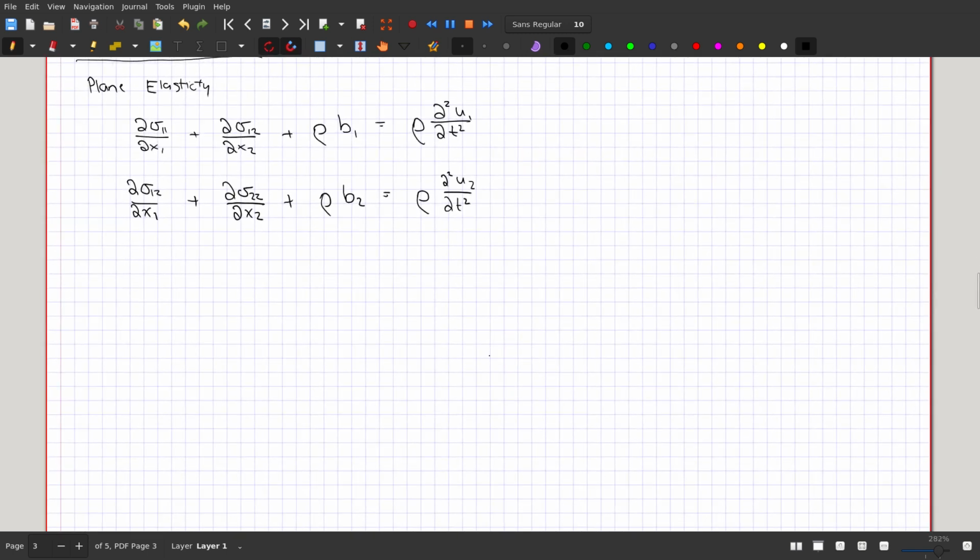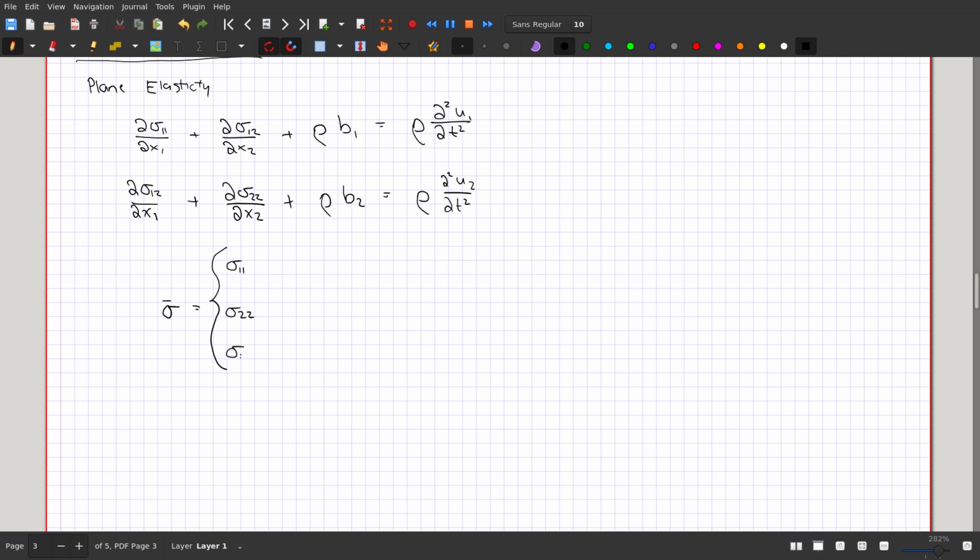But what we can do here is we'll introduce what we'll call a stress vector. So we'll call it stress bar. Since it's only got 3 components, we'll write sigma 11, sigma 22, sigma 12.